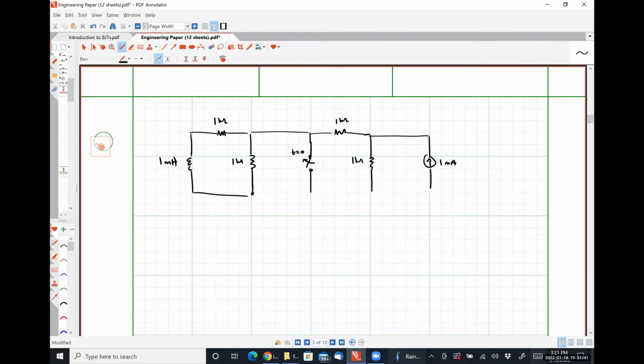So this circuit is a little bit more complicated looking than our last circuit, but it will actually behave in the exact same way.